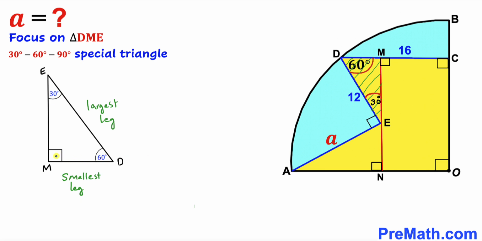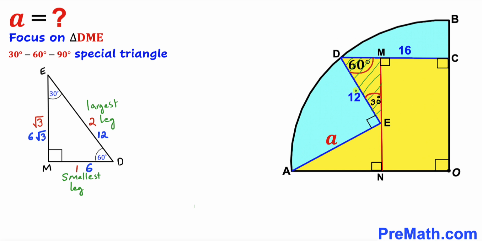This is our largest angle, so the side opposite to it is our largest leg. In such a triangle, the largest leg is twice the smallest leg. If the smallest leg is 1 unit, then the largest leg is 2, and the third leg is square root of 3.